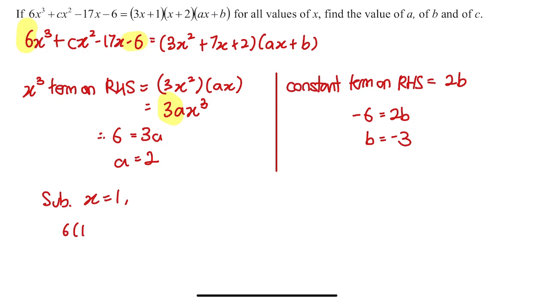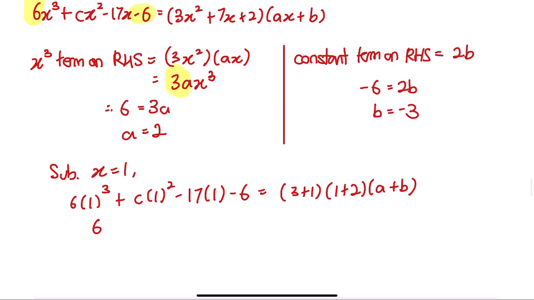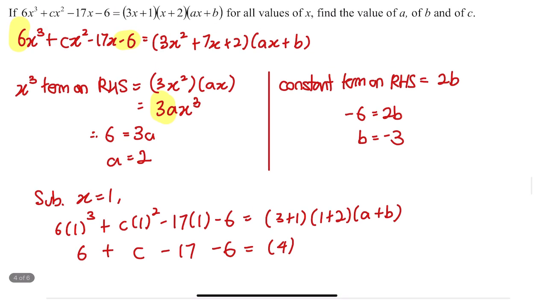This will be 6 times 1 cubed plus c times 1 squared minus 17 times 1 minus 6 equals, now the right side, sub in 1, I'll get 3 plus 1 times 1 plus 2 times a plus b. Then we work it out step by step. 6 plus c minus 17 minus 6 is equal to 4 times 3, and I know a plus b is 2 minus 3.